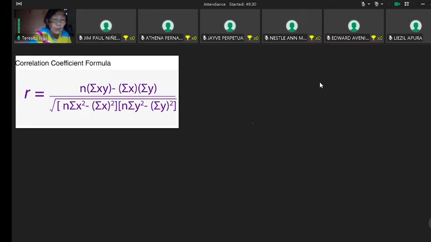Don't forget the summation of x squared and the summation of x raised to the power of 2. Then multiplied by n, 4, times summation of y squared, 750, minus summation of y, which is only 50, raised to the power of 2.